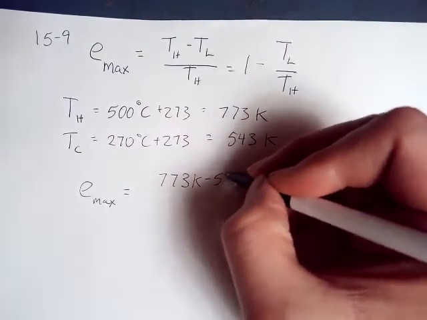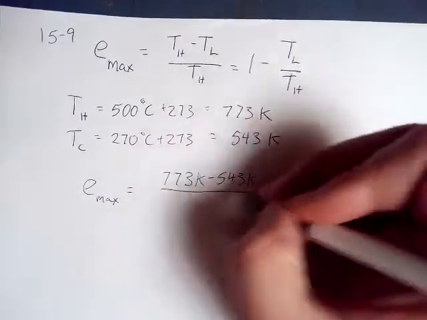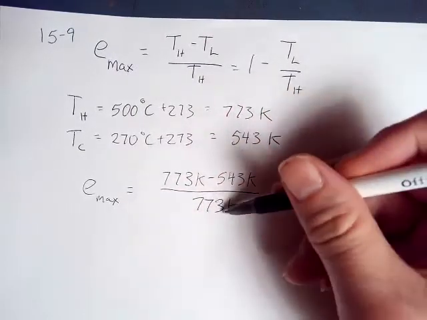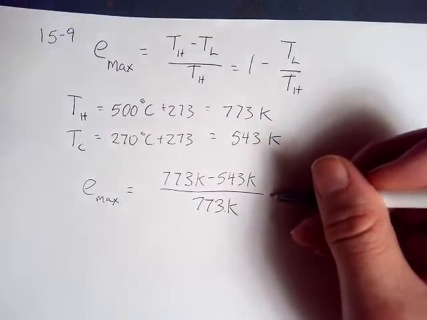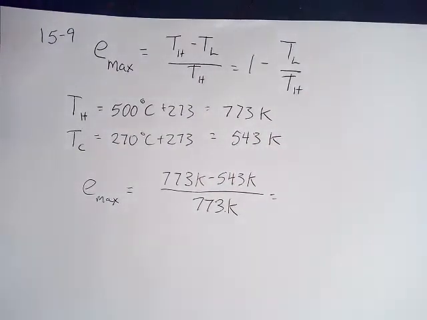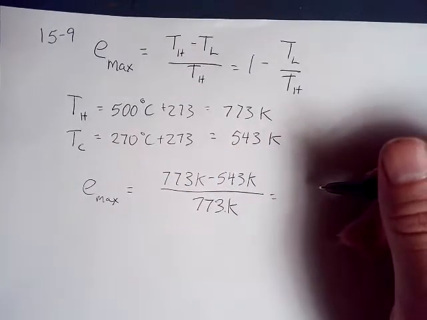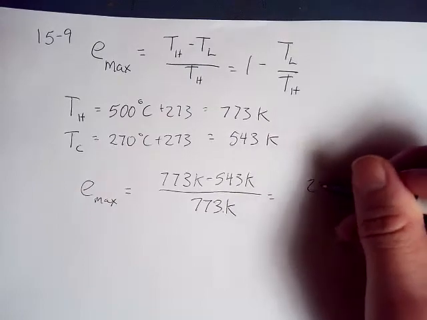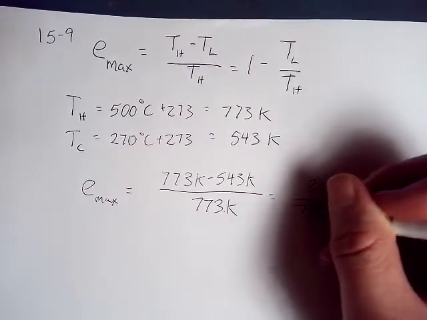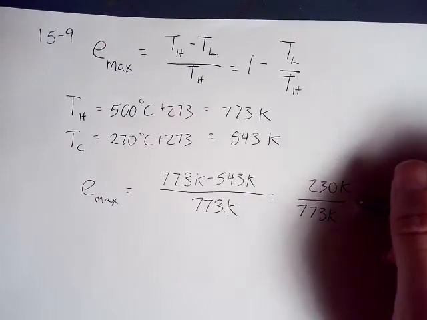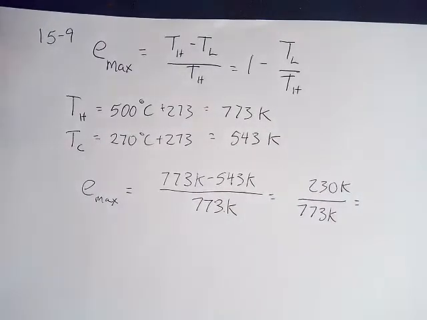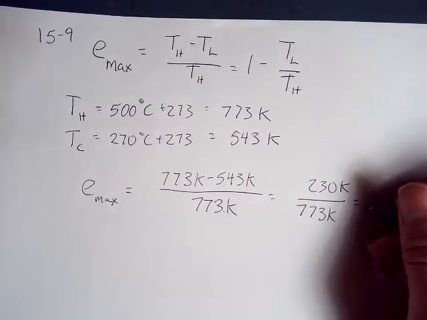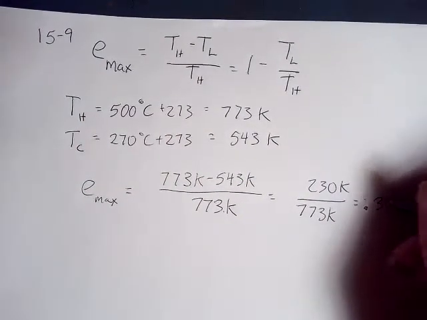It's the difference just in the temperatures over the hot temperature. So it's like, what percentage of the hot temperature does the difference make up? Okay, so this is going to be 230 K on the top over 773. And this is going to come out as 0.30, 30%.